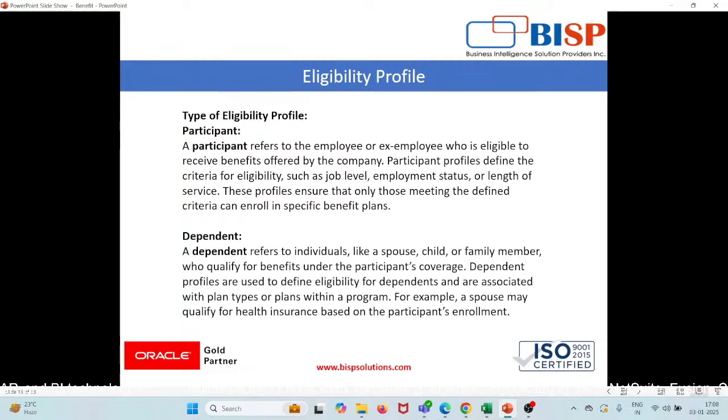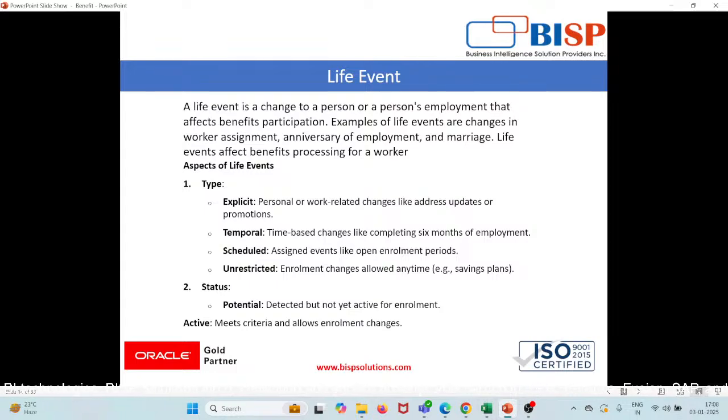Then there is life event. This is basically if something is happening in your life. We have discussed this in our previous session. There are four types of life event: explicit, temporal, scheduled, unrestricted. Explicit is your personal, temporal is a time-based change, like 6 months of employment.